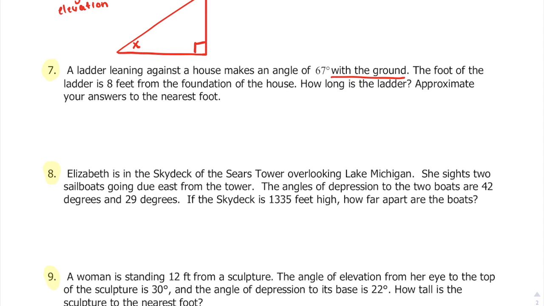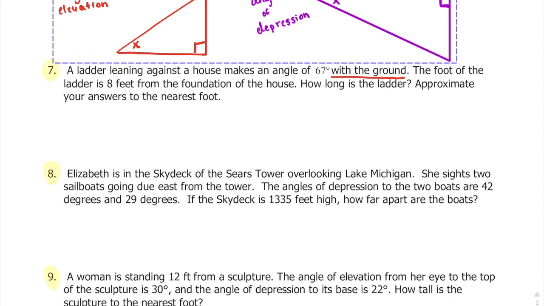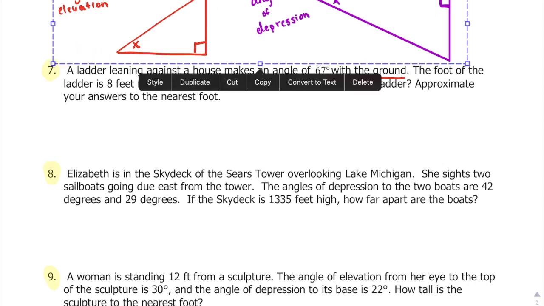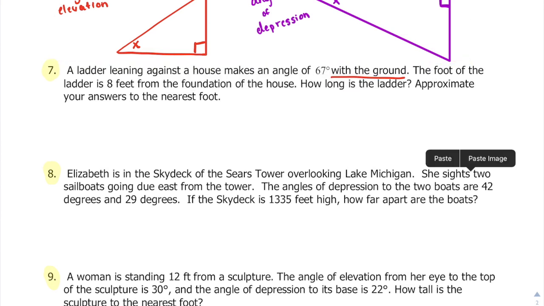Now, if you have an angle of depression problem, that's going to be anytime your viewer is looking down, your triangle should look like this, and this is the angle of interest. So this is key information that we're going to use throughout the entirety of this video.